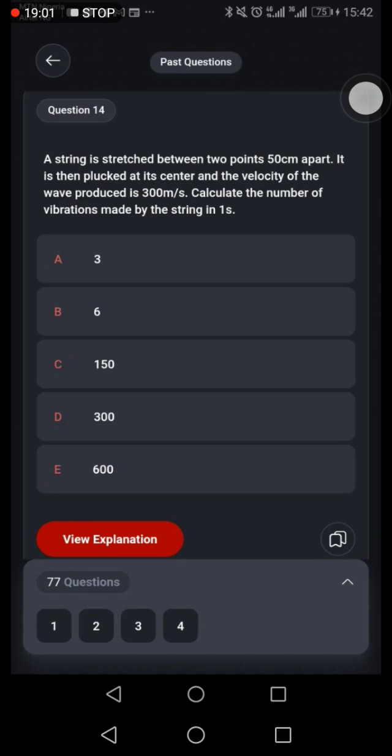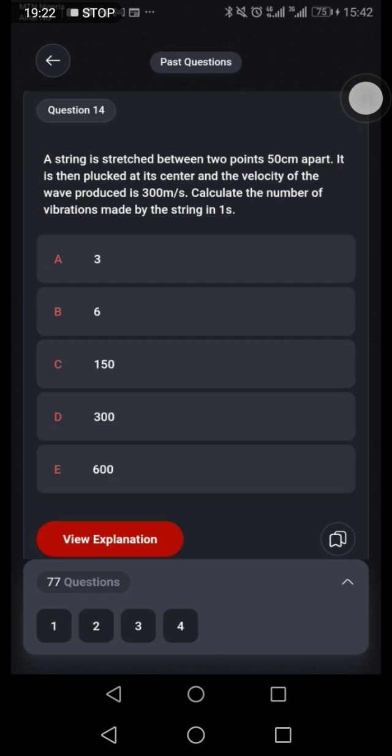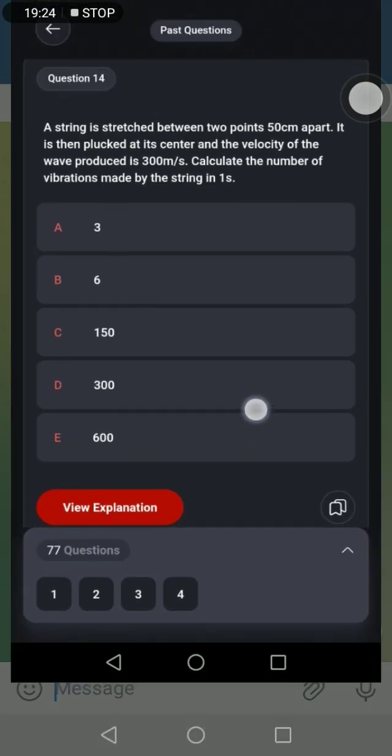Yes, 300. And L is 50 centimeters, so change it to meters, that's 0.5. So this is 300 over 2 times 0.5. 0.5 times 2 is 1, so this is 300 over 1. Our answer will be 300. So that's the fundamental frequency, 300. So B is the answer.